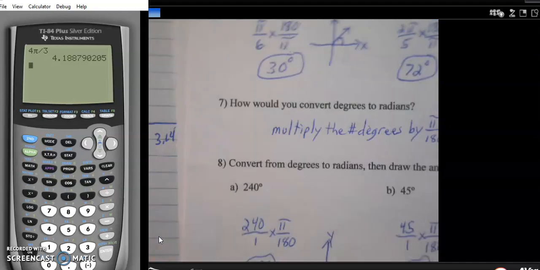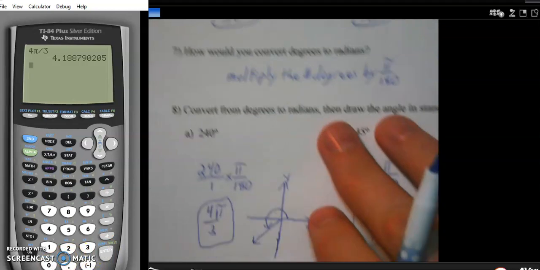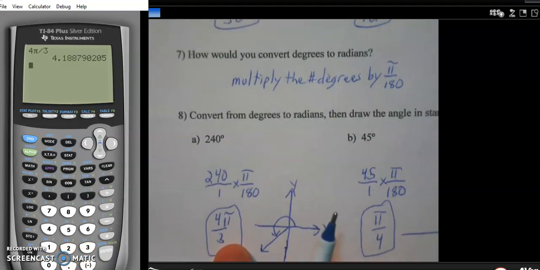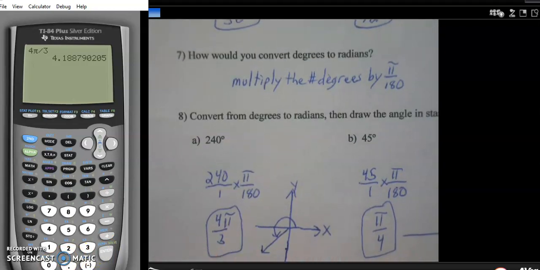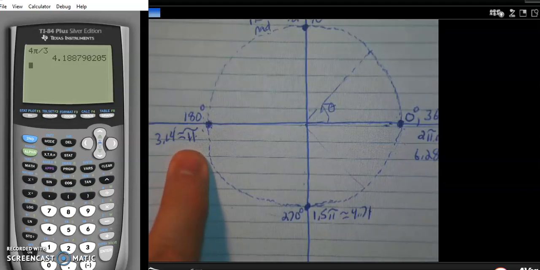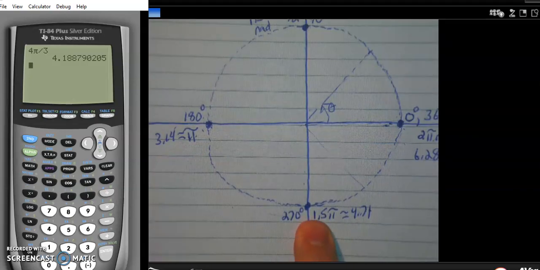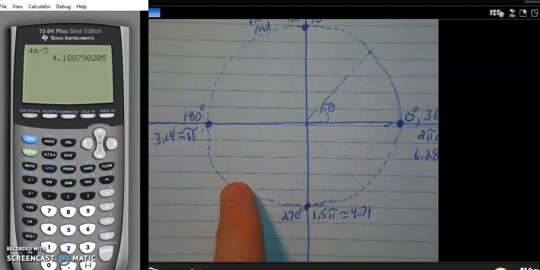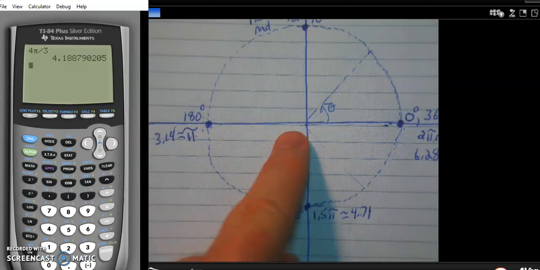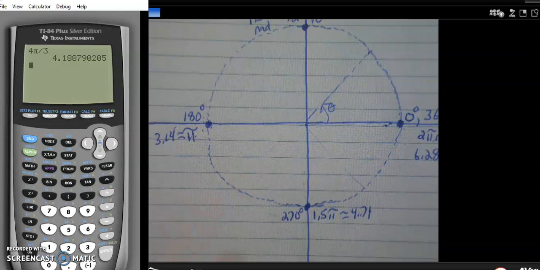So that's one way to check your answer. Just looking at the number 4/3 pi, we know that's 1 1/3. Well, remember that here we have 1 pi, 1.5 pi, so 1 1/3 pi is going to be between those two. So again, you'd have an angle down here in the third quadrant.